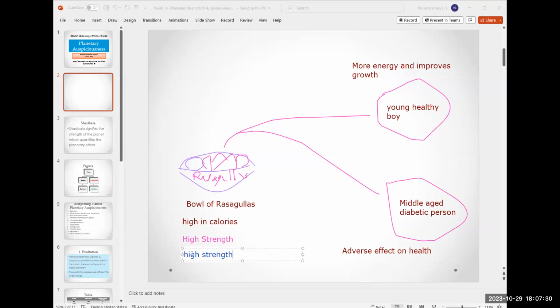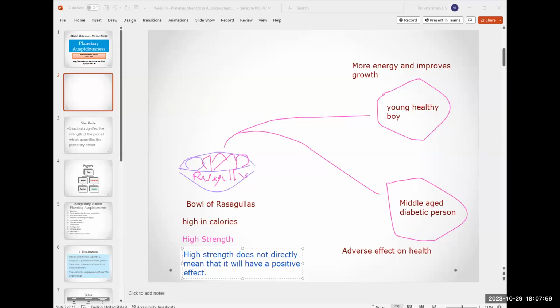High strength does not directly mean that it will have a positive effect. So we saw one of the definitions of auspiciousness was having a positive effect. And here we note that high strength doesn't mean that it's going to be positive.